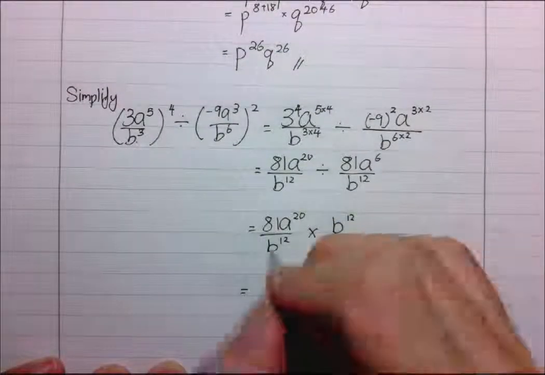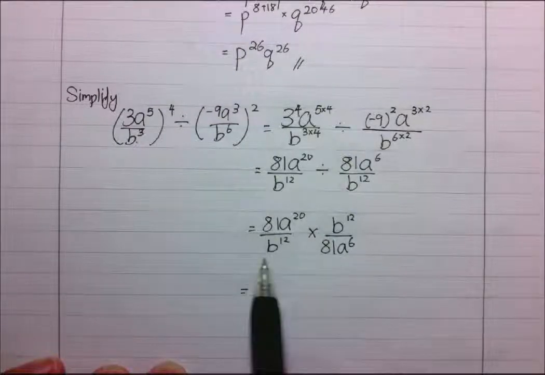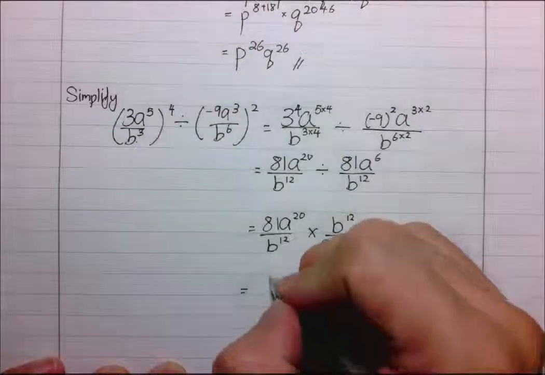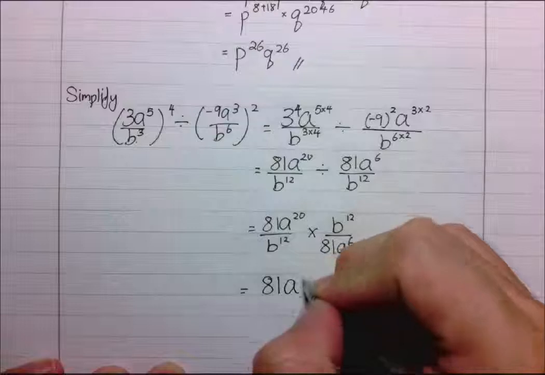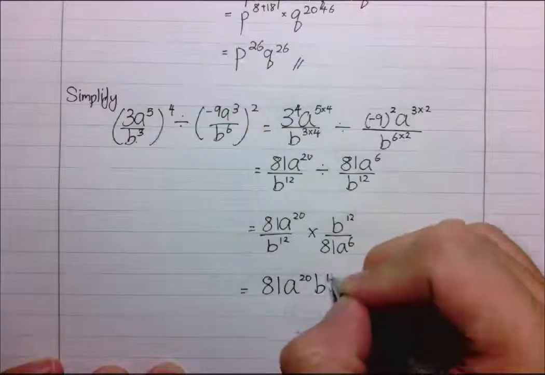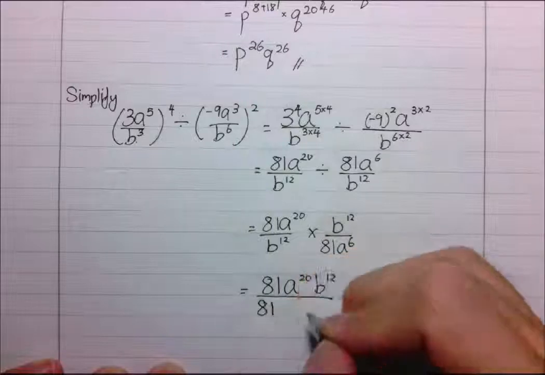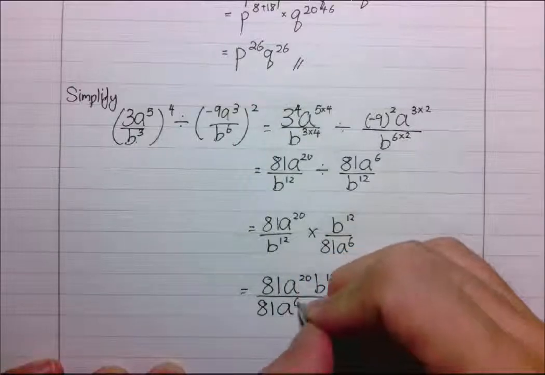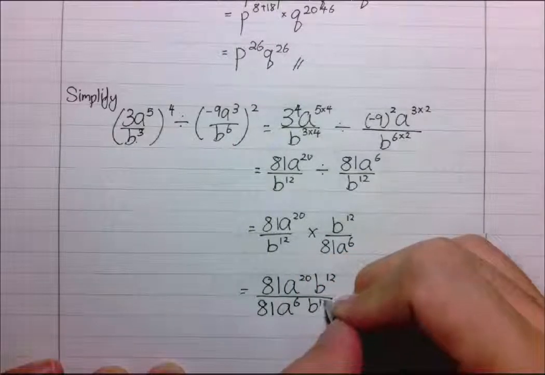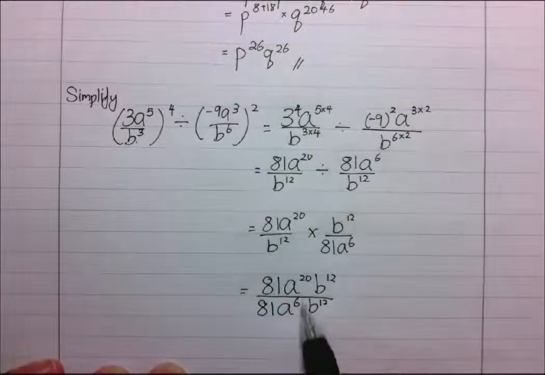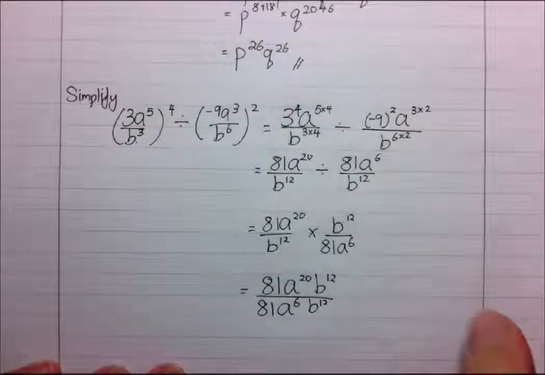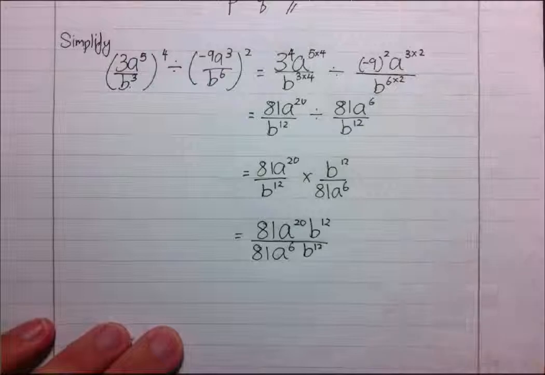Now next, I just multiply numerator to numerator. So I arrange number first, which is 81, then in alphabetical order, a to the power of 20, b to the power of 12. The 81 and 81 will eliminate each other, so that's simple enough.